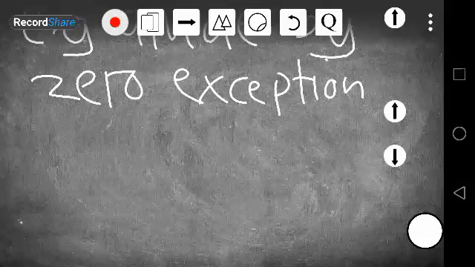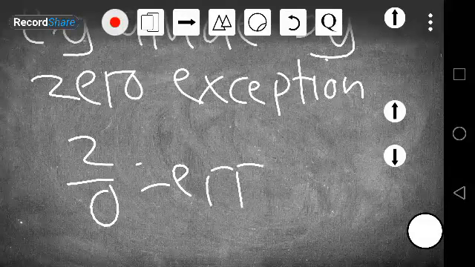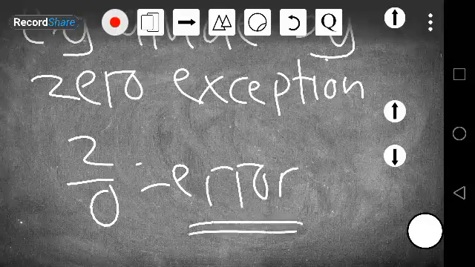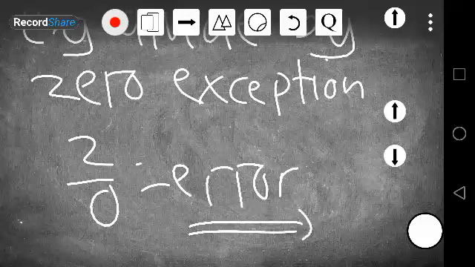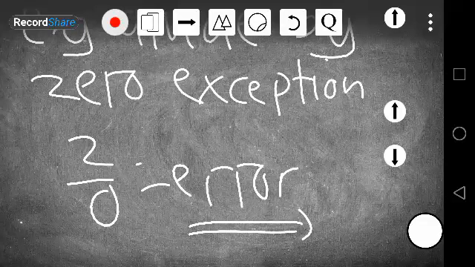Have you ever noticed that on your calculator, if you try to say 2 divided by 0, you get an error? So it means in programming a calculator, we have handled this exception. It was written in the calculator's code that whenever a number is being divided by 0, it should produce an error. So the exception has been handled, or the error has been handled.